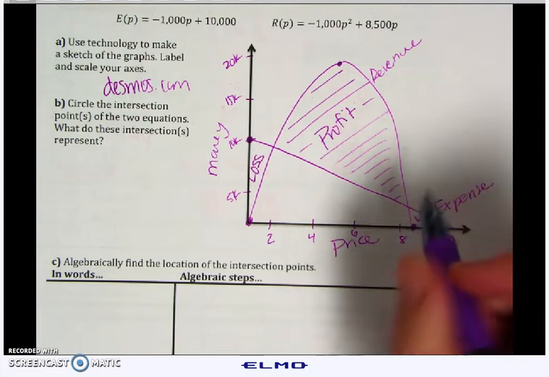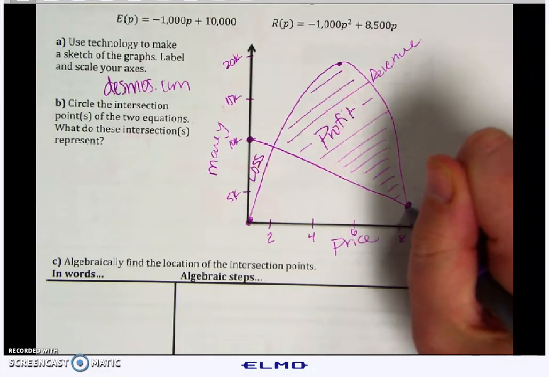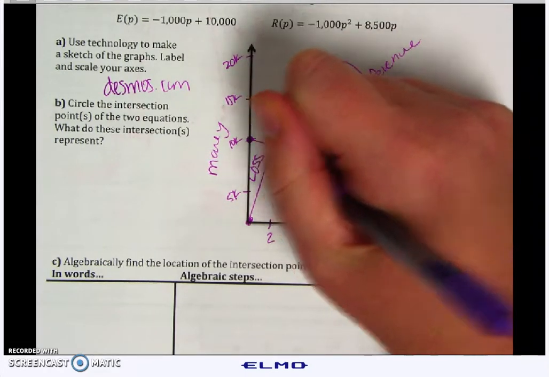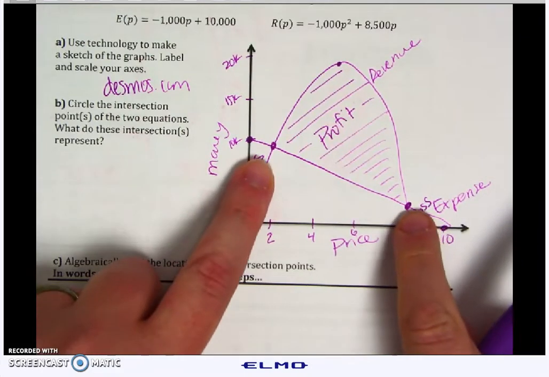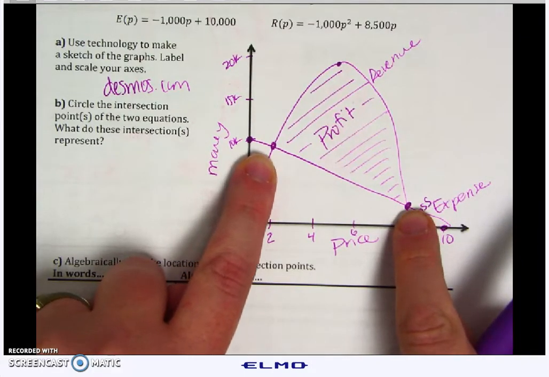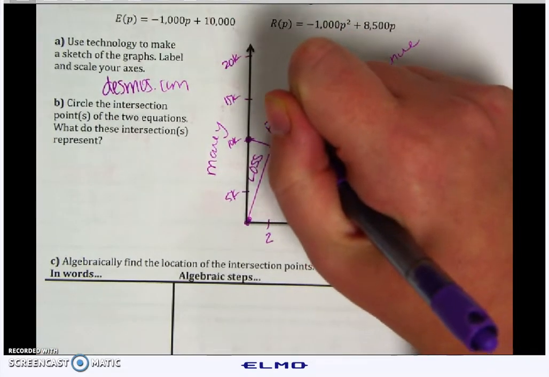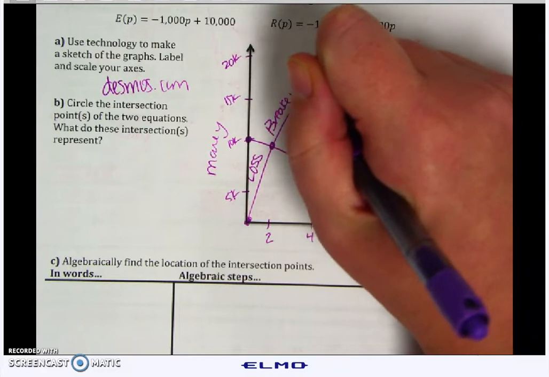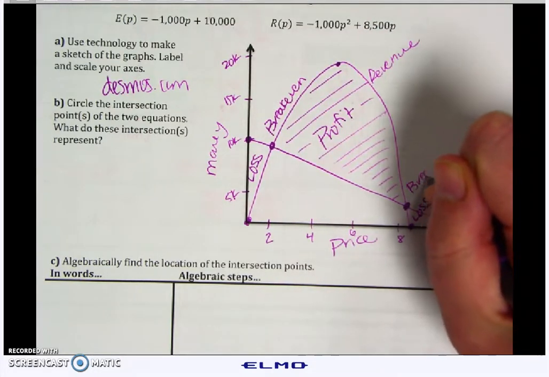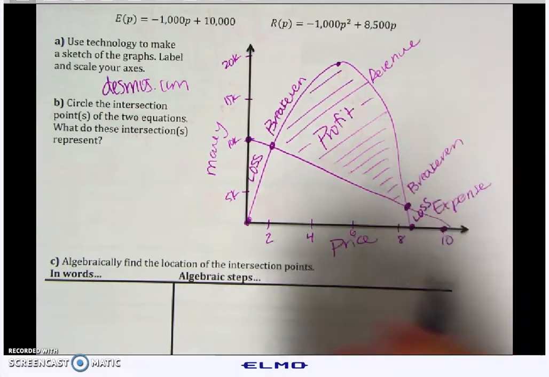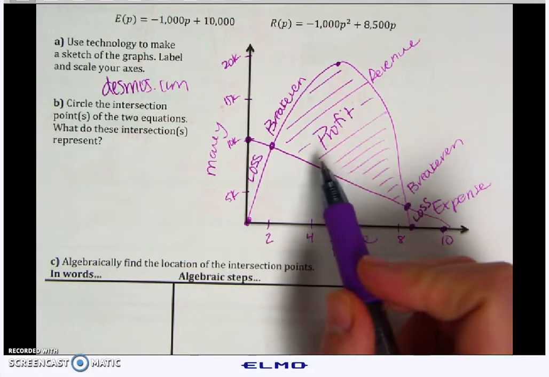So, what do these 2 points mean then? The 2 points where revenue and expense intersect mean the same thing that they did before, when revenue equaled expense and meant break even. And this is unique because there are 2 break-even points now. We would have 2 break-even values.